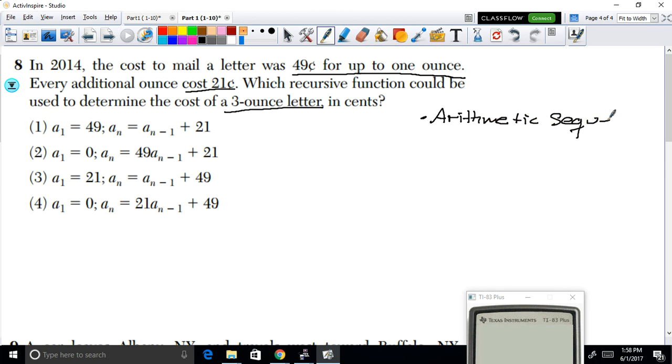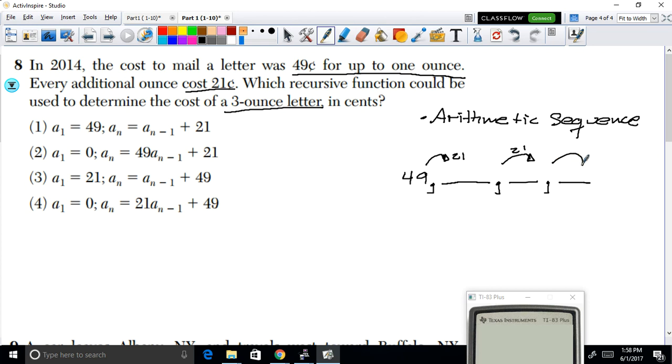Why is this? Because you start with 49 cents up to 1 ounce. Now, the moment that you pass that ounce, you gotta pay 21 cents now, and you're gonna get a new number. So now this is 2 ounces. If your letter weighs another ounce, well, you gotta pay another 21.